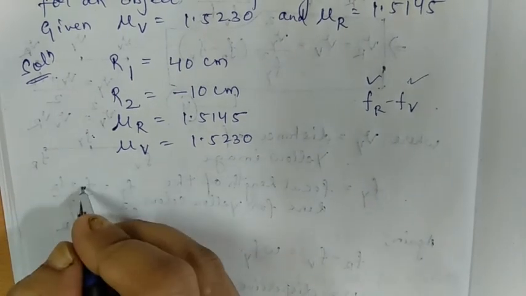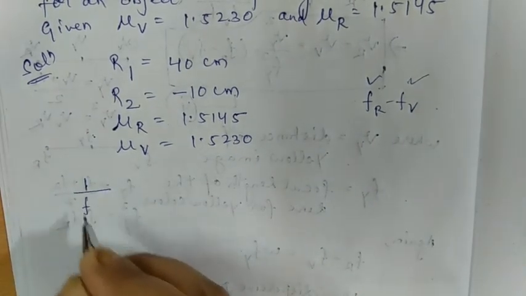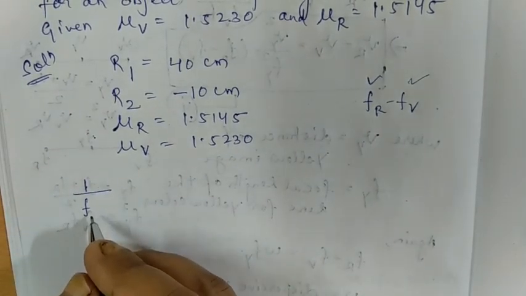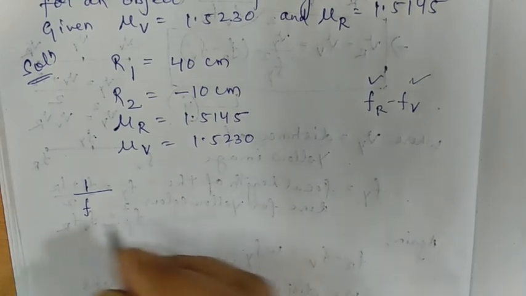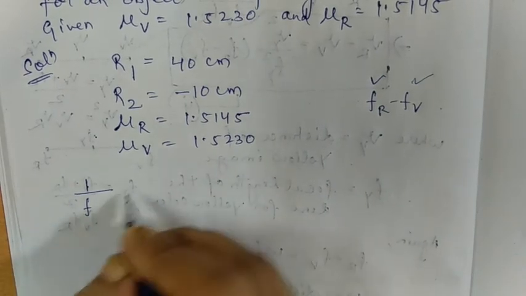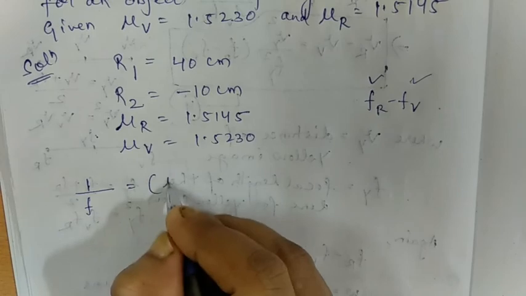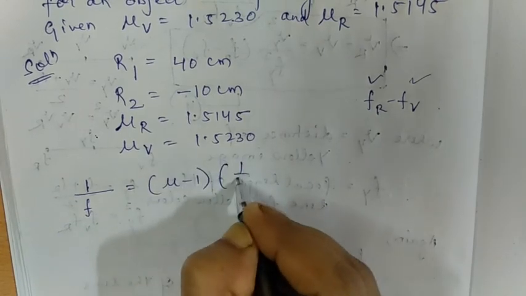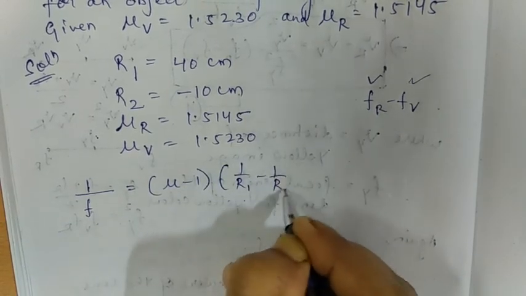Now we had a relation for how the focal length is related to the refractive index: 1 by f is equals to mu minus 1 into 1 by r1 minus 1 by r2.